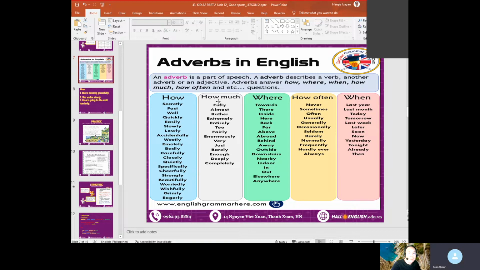Okay, adverbs may answer the question how much. Can you read this one, B? How much, right? Can you say how much?